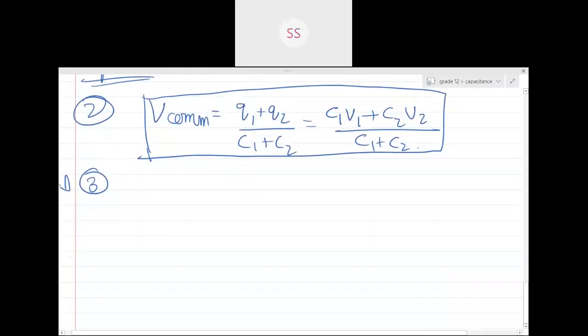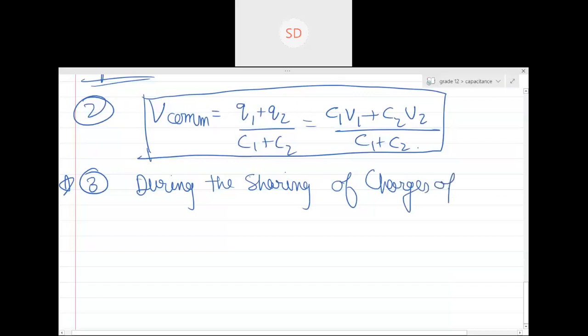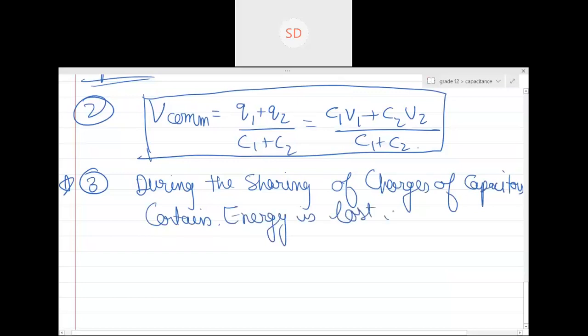For now just remember this formula. Later on we'll prove it. During the sharing of charges between capacitors, since I want everything to be at the same potential, certain energy is lost in the form of heat.